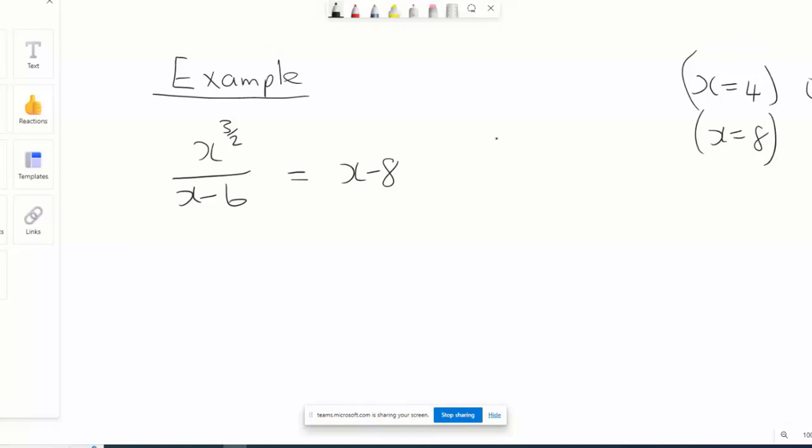Cross multiply. Cross multiplication is fine, right, guys? Yes. Do you agree with cross multiplication then? I would start with cross multiplication. Okay. Let's just see. So when I do that, I will have x to the 3/2 on the left, and x minus 6 with x minus 8 in the numerator.